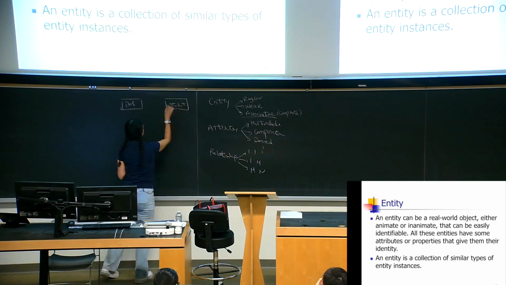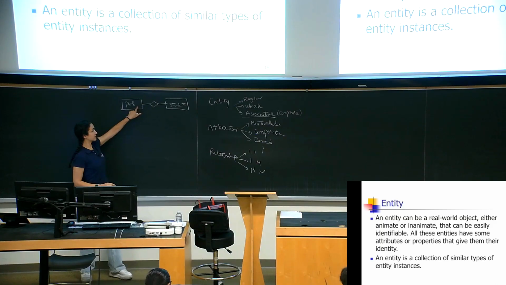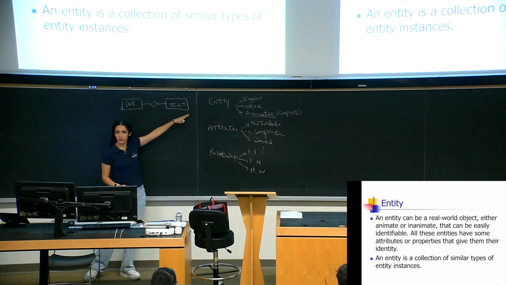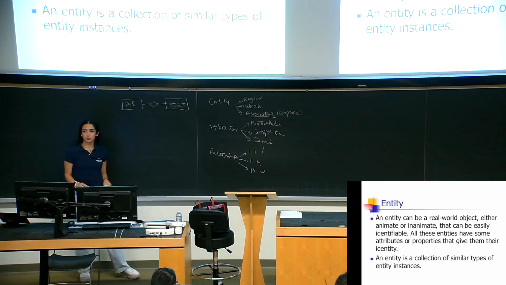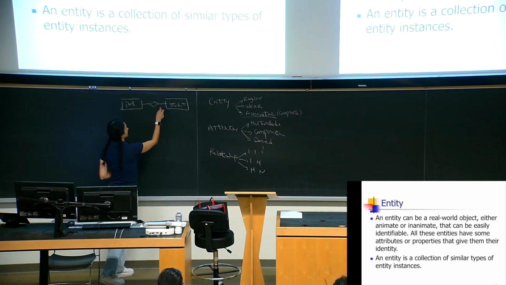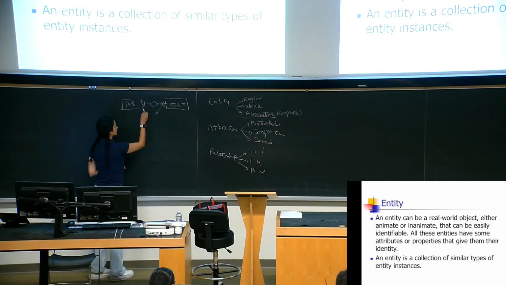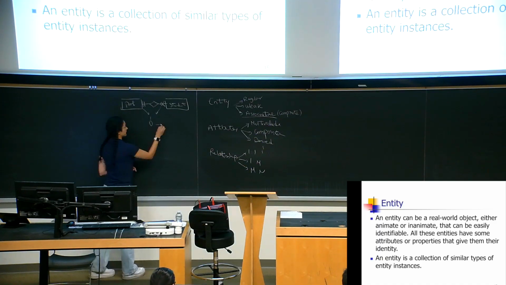If our assumption is each professor can supervise 0 or more students, and each student can be supervised by only one supervisor, this is an example of one-to-many, right? So each prof can supervise 0 or more students. Each student can be supervised by one and only one prof. And I'm going to explain these two signs today. So this means optional, and this means mandatory.